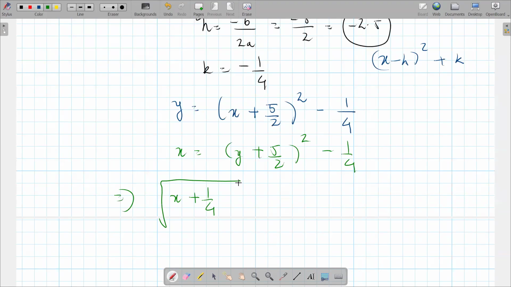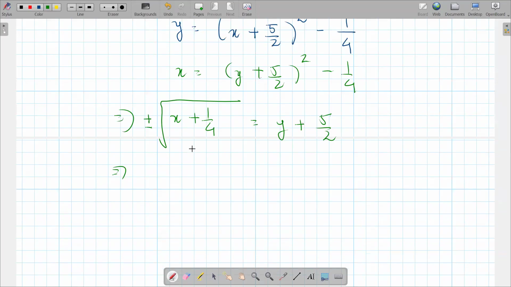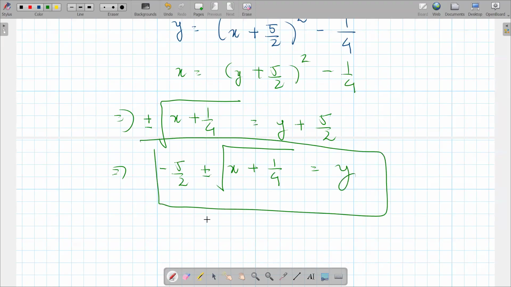What comes outside of the root? Plus minus. And then from here, we subtract 5/2.